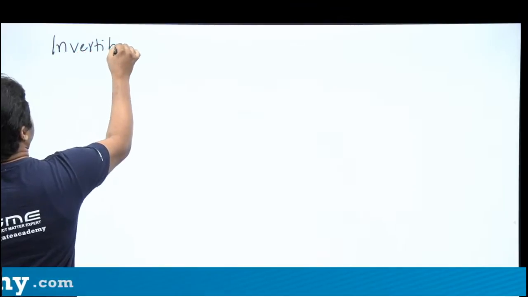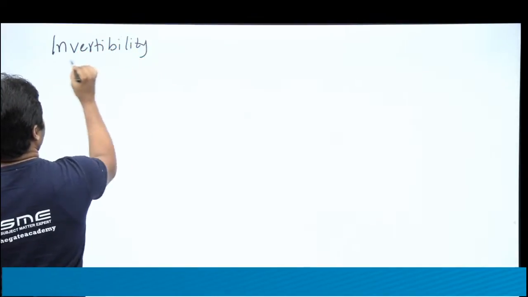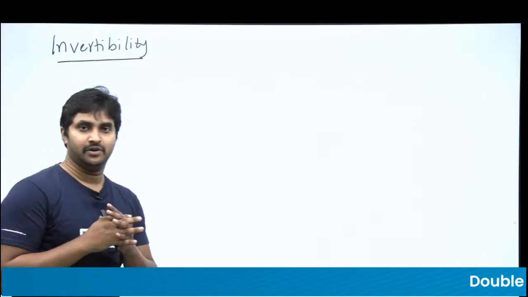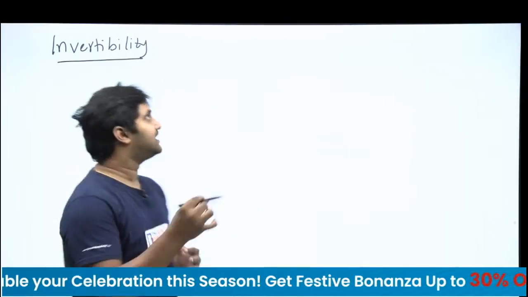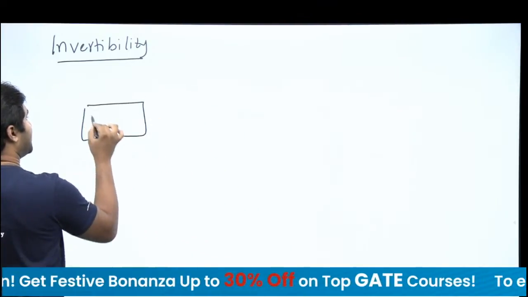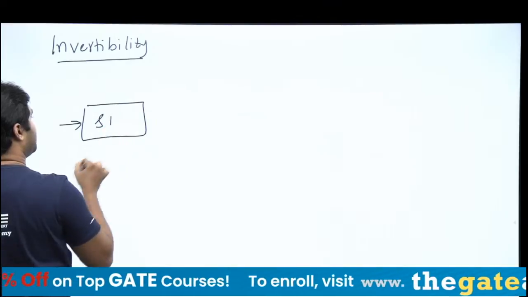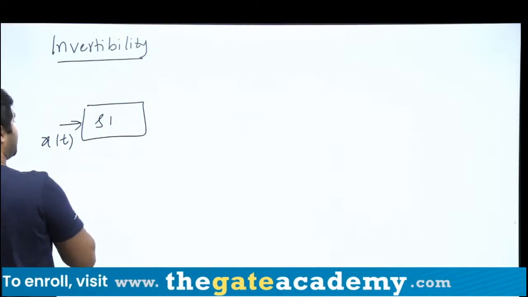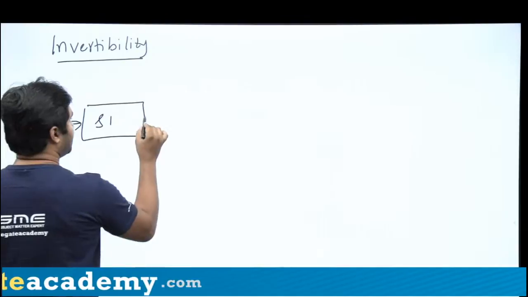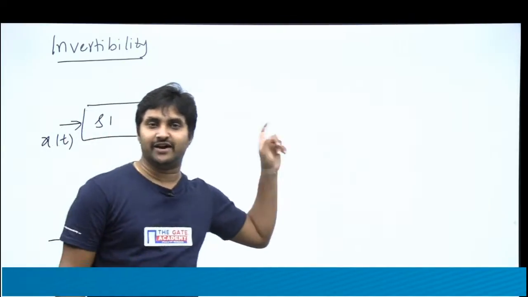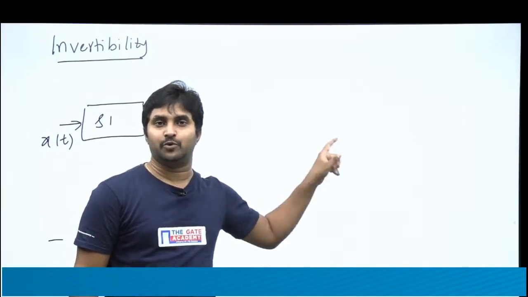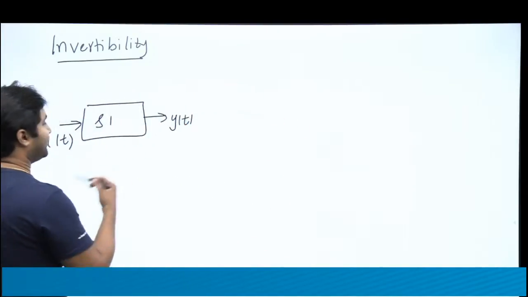Invertibility means that whatever operation is performed by the system, let us say there is a system called S1, once the input is given, it gives an output called y of t.